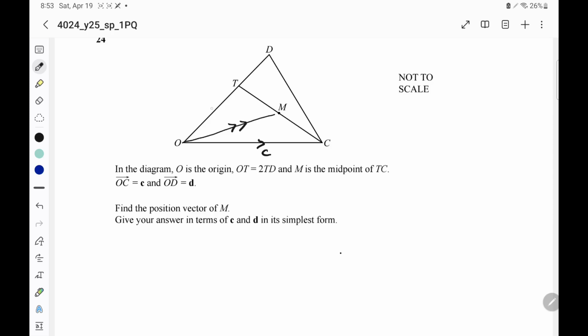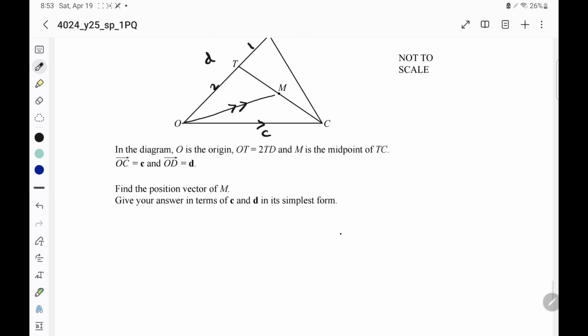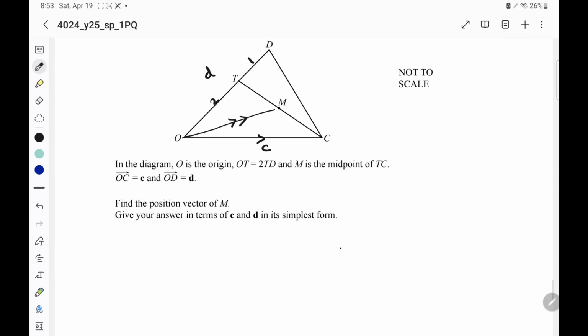It means that this is 2 ratio, it is 1 ratio, and M is the midpoint there, and OD is D. It means that if OD is D, then OT is 2 over 3D, and TD will be 1 over 3D.